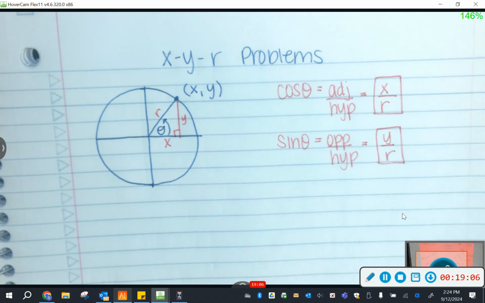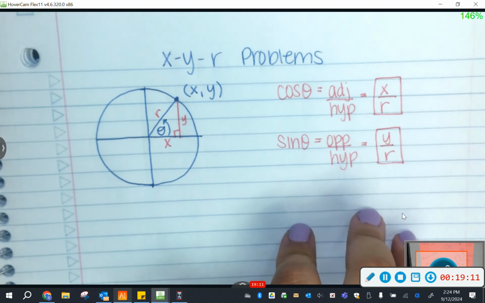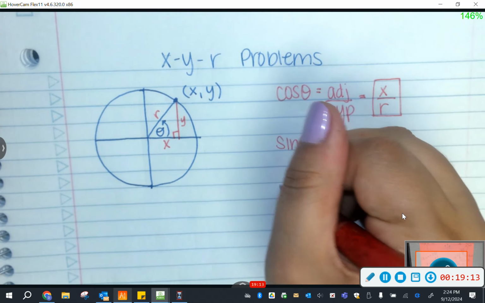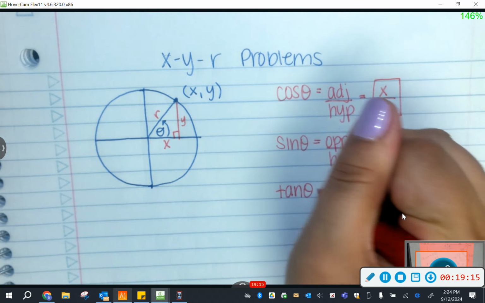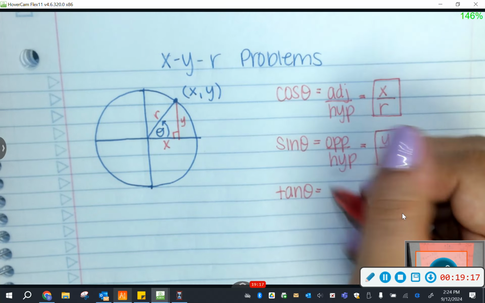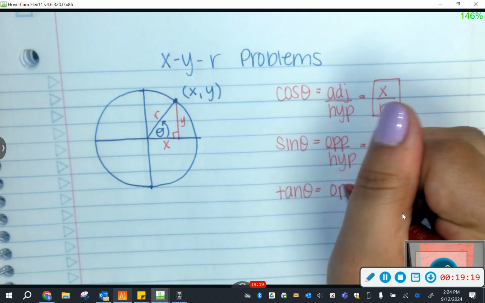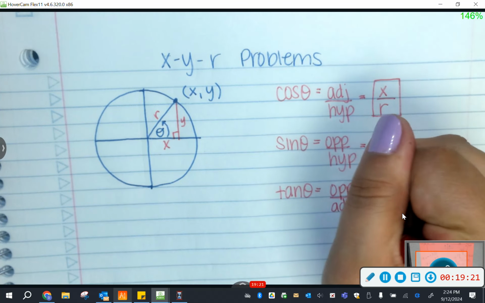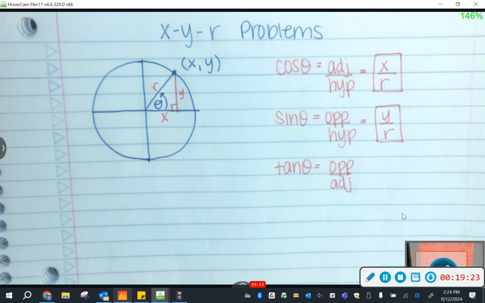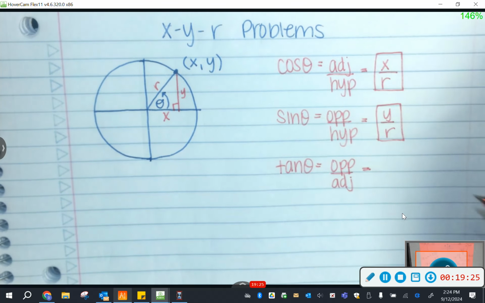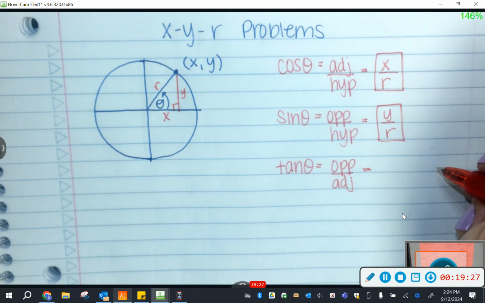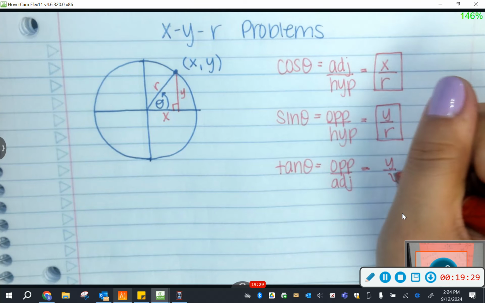We don't know the radius, or the radius might not be 1. So that's why we're setting this up like this. Last but not least, tangent is what? Opposite over adjacent. But what is tangent letters-wise? Y over X.